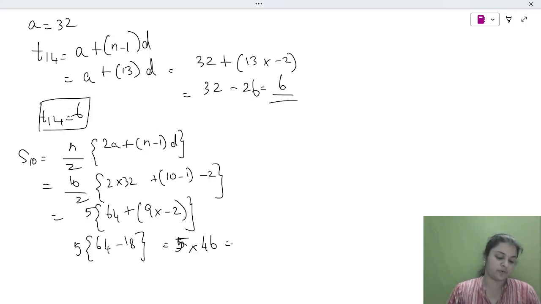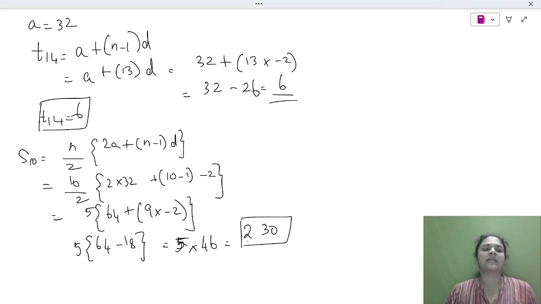So 5 into 46 will give you 230 as the sum of n terms of this AP. 230. Got it, friends? Yes, ma'am.